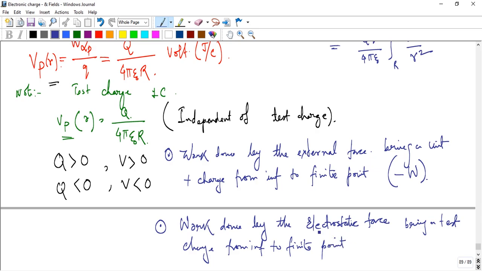So here the external force does negative work, and the electrostatic force does positive work.